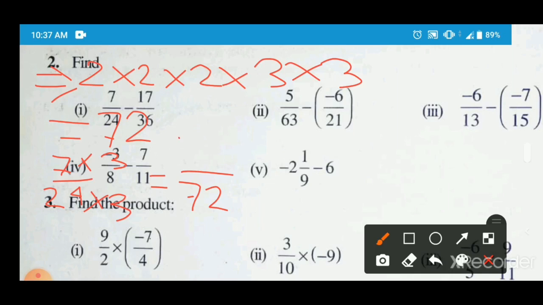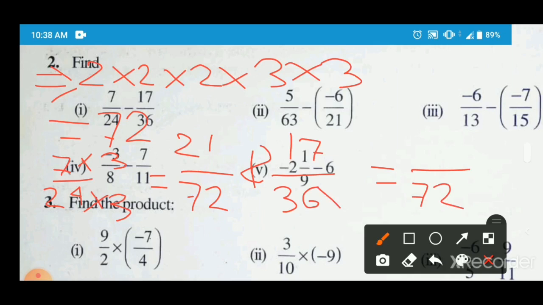So 7 3s are 21, and the second fraction is 17 upon 36. Here we need 72 in the denominator, so we multiply 36 by 2 and 17 is also multiplied by 2. 17 2s are 34. Now the new numbers are 21 upon 72 and 34 upon 72.